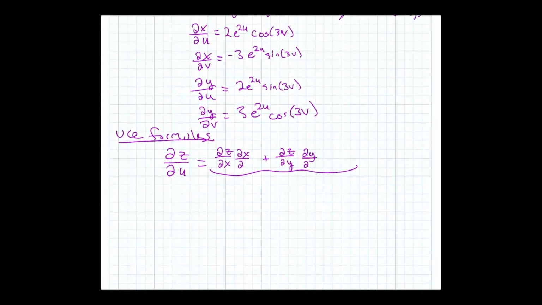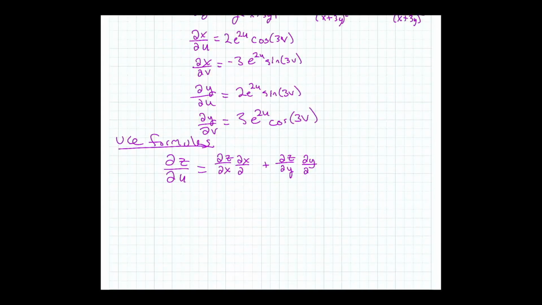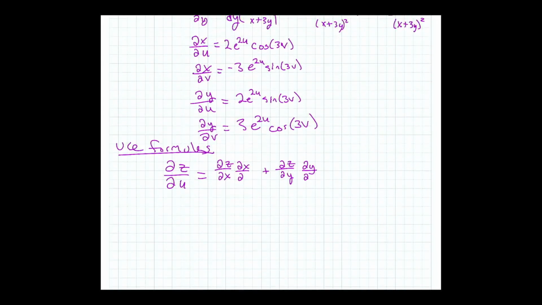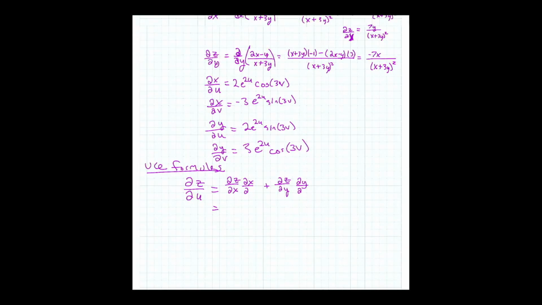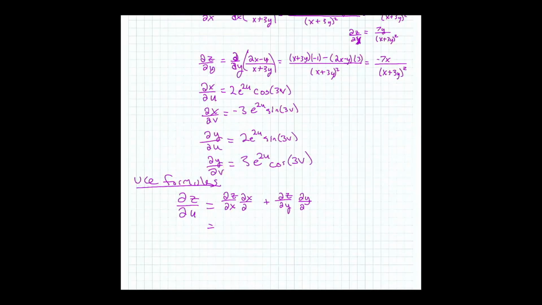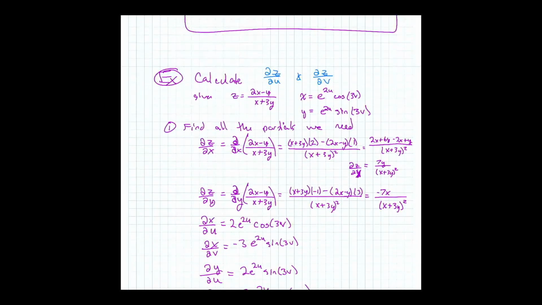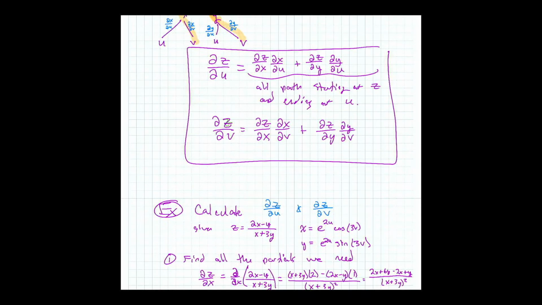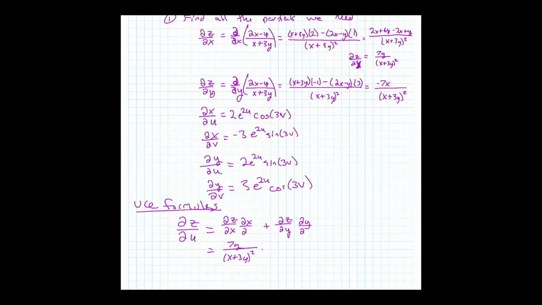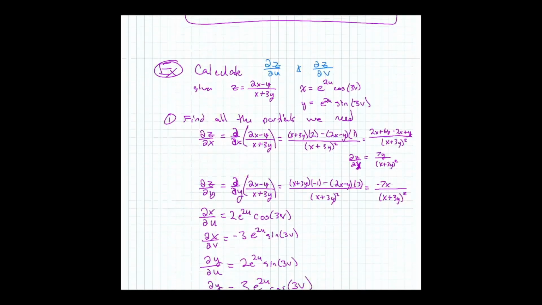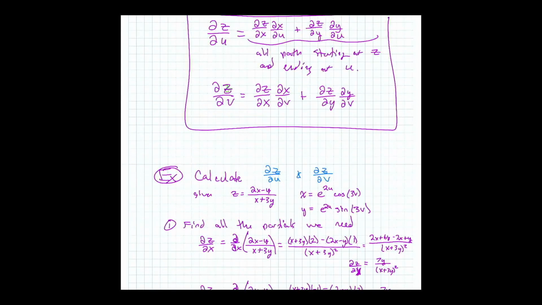So here's one of them. We're just going to use that formula from the tree and fill in everything. So partial z with respect to x, which is 7y over x plus 3y quantity squared times, why am I missing the denominators there? Weird. I didn't get the u. It's very strange.